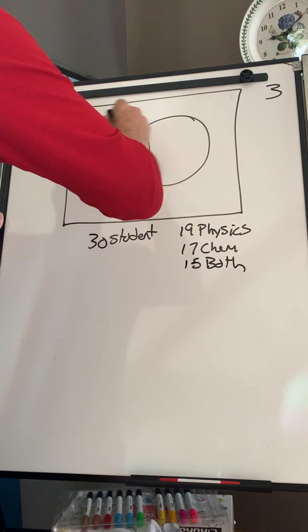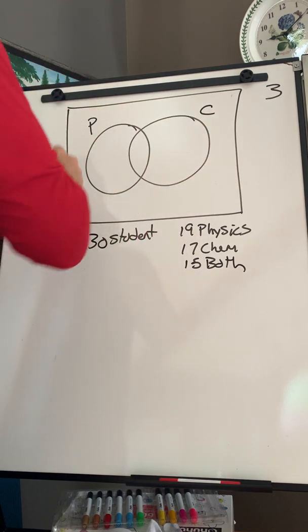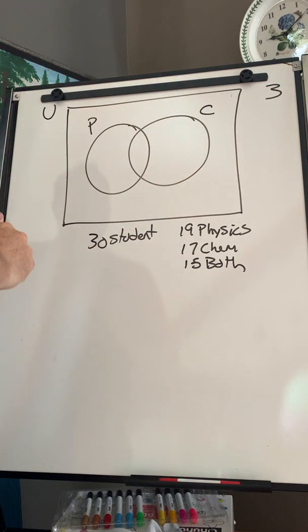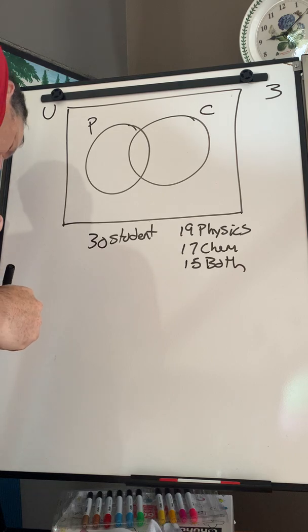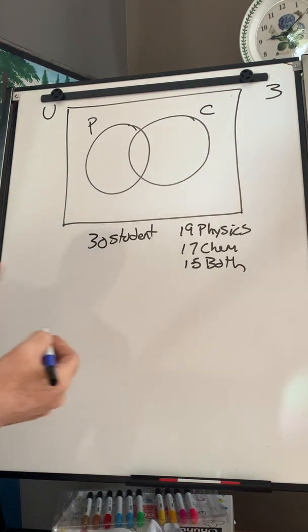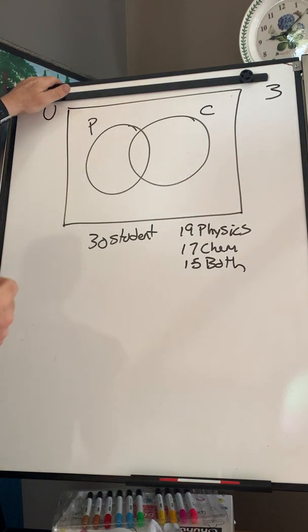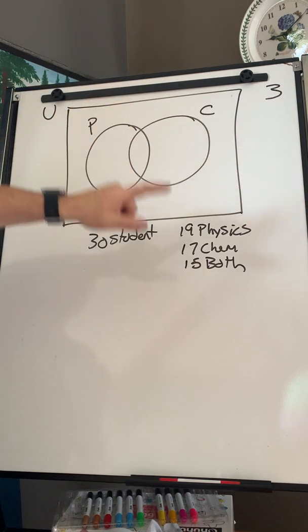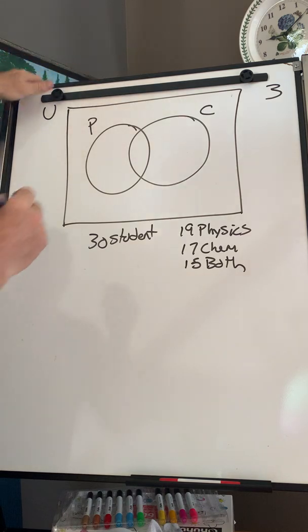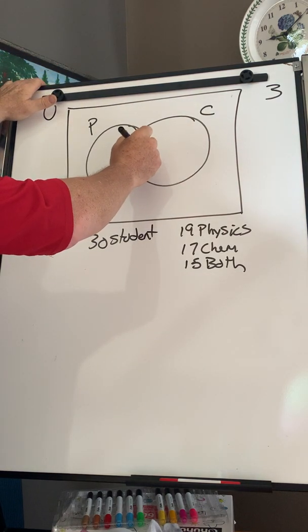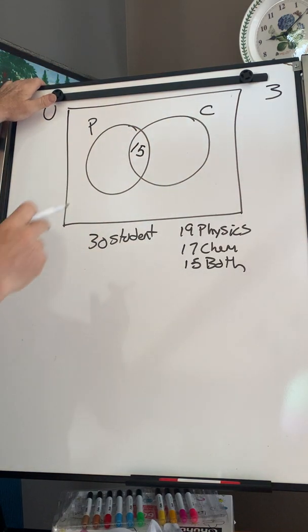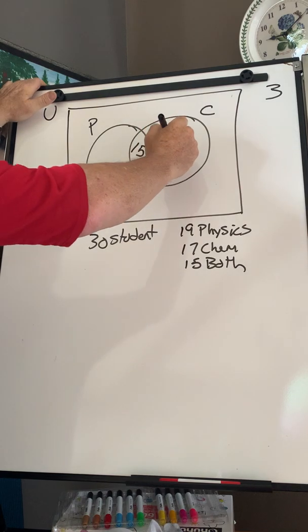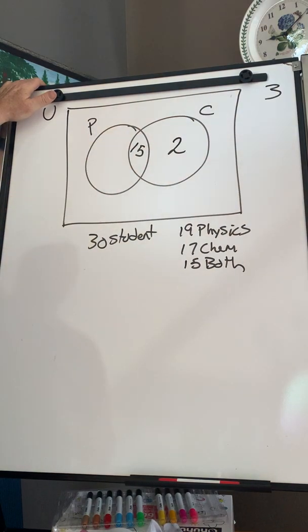So I'll put a P and a C and a big U for the universal set. Now, fill in my Venn before I look at what the questions are. So I have 19 in physics, 17 in chem, but 15 in both. 15 in both, that's my intersection. Well, if there's 15 here, that leaves me with only 2 out here.